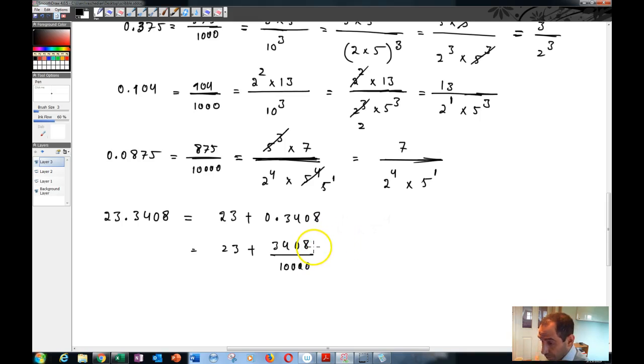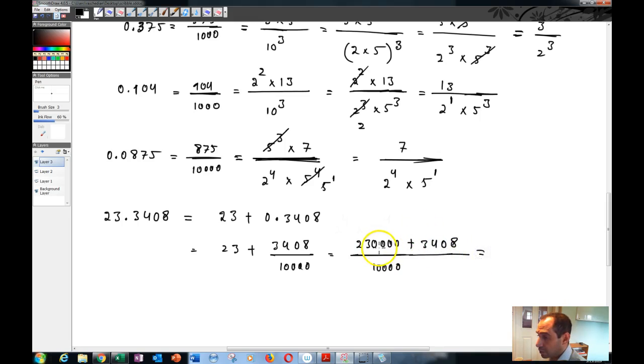Now if you add these two together, you'll get 10,000 as the LCM, with denominators 10,000 and 1. Then 10,000 times 23 is equal to 230,000 plus 3,408.